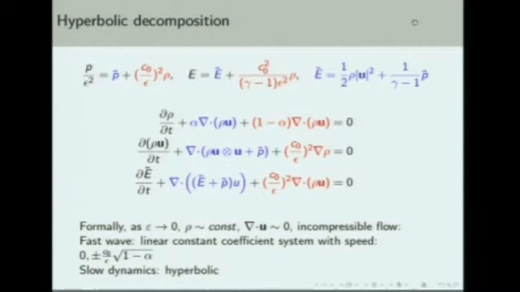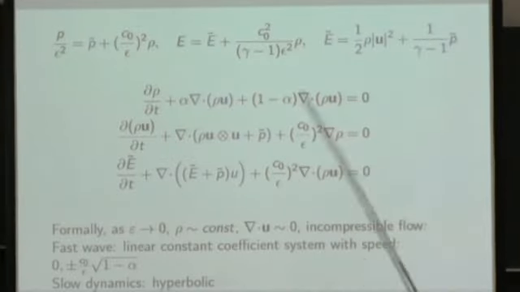It's the usual polytropic gas, and the pressure is also split, and then we do the usual trick. The blue one is again nonlinear but hyperbolic. Its linear part is stiff, but has constant coefficients, with speeds 0 and plus or minus c squared by epsilon, which is alpha.